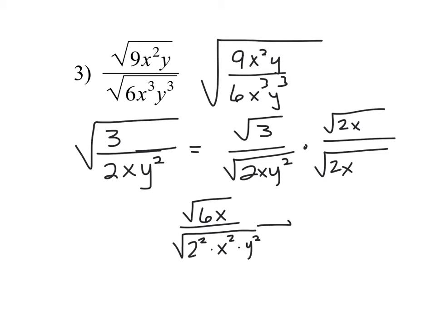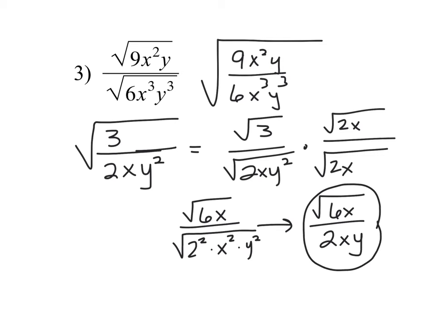Now when I simplify this, it's going to be the square root of 6x, because neither one of those has a power of 2. On the bottom, all 3 of these are going to come out of the root. So it's going to be 2 and an x and a y, and there's nothing left in the root. Now I'm looking to simplify. There's nothing I can simplify because there's nothing outside the root up top, so I'm done.